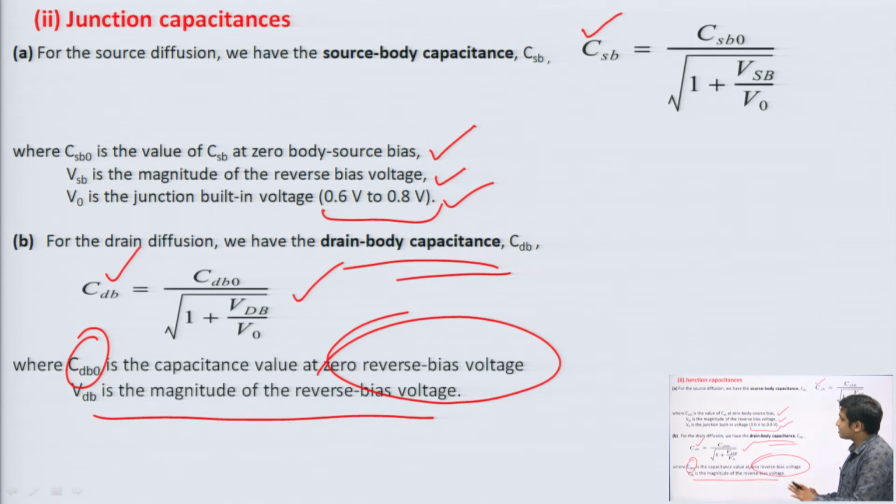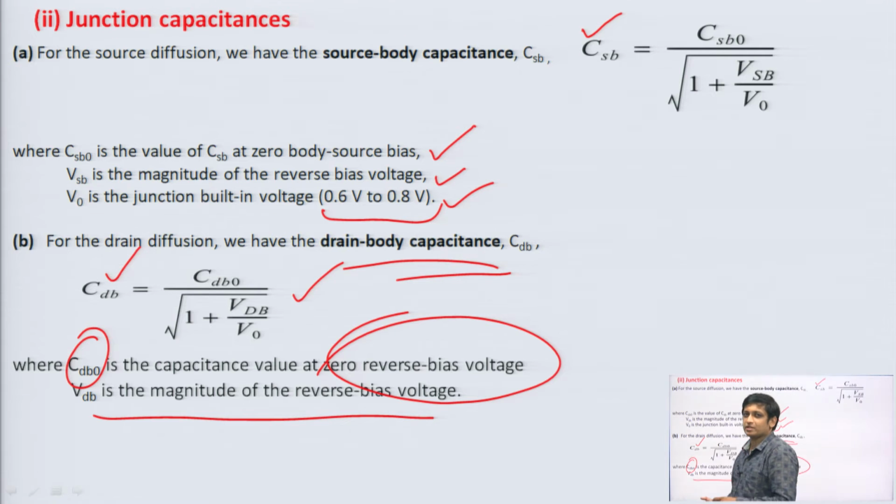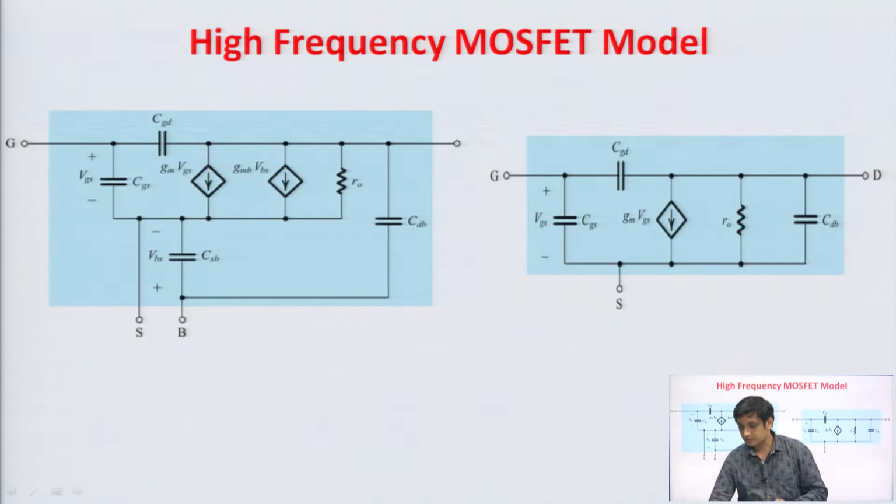So, these are just the equations of the junction capacitances, for reference purpose, fine. That is why we are not doing any derivation of these equations. Just for knowledge purpose we should know them, because we need to understand the effect of these internal capacitances on the performance of the common source amplifier.